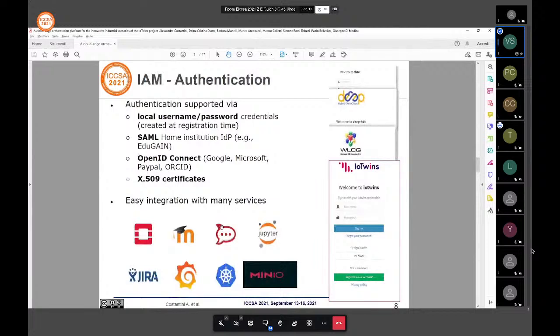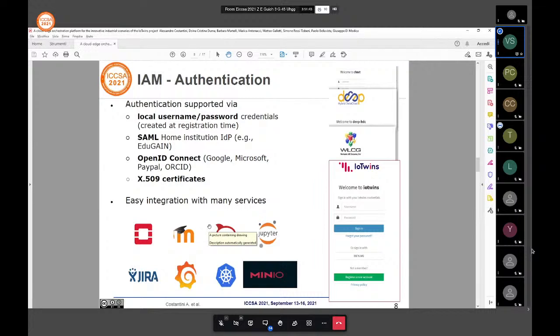The Indigo IAM solution supports different authentication mechanisms: local username, SAML, X509, OpenID Connect, and it makes integration quite easy with many services, thanks to this different kind of support for authentication: OpenStack, Moodle, Kubernetes, Grafana, and so on and so forth.